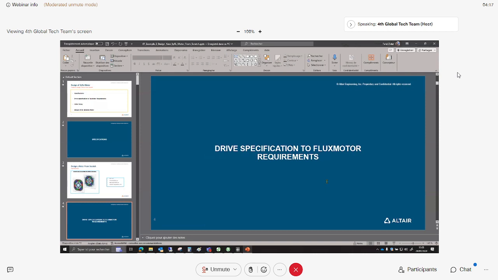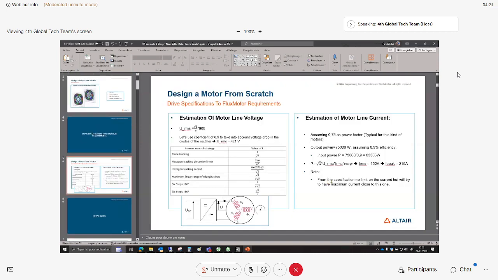So the first thing we need to do here is to compute and check the drive specification. This will help us later on to compute the number of turns, and for Flux Motor to know the settings or the inputs we need for the drive.